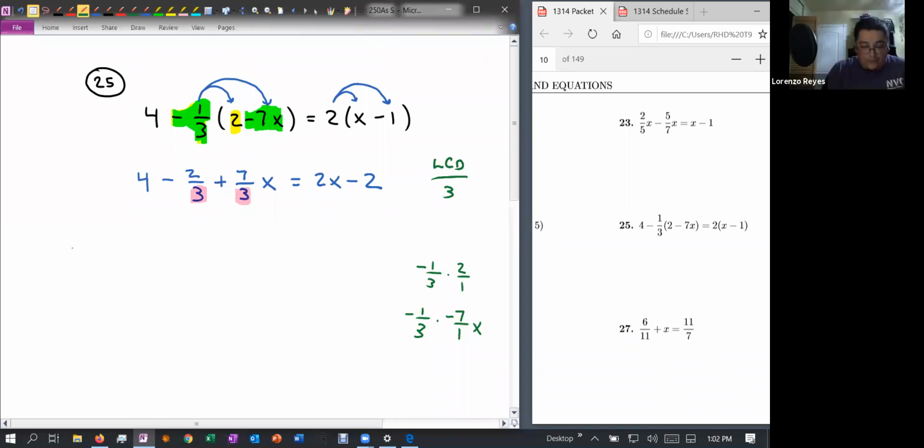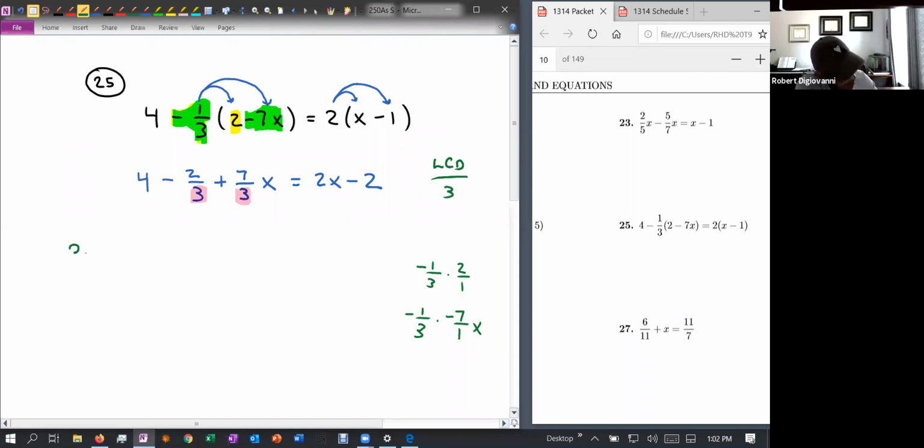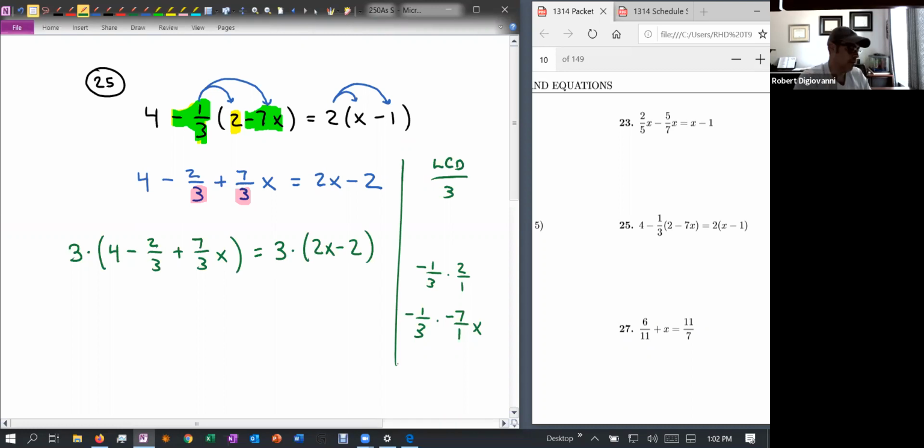So we're going to go 3 times the whole left side, and then 3 times the whole right side. Now, the reason we're allowed to do that goes back to the idea of a scale.